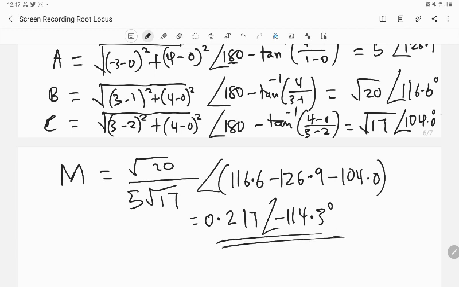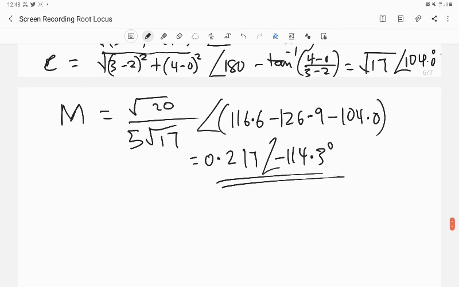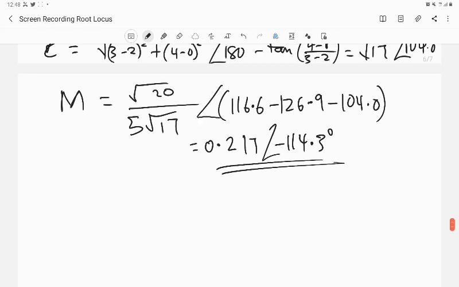So that would be how to evaluate the system, and you can check this by substituting and solving for the value and finding the angle and the magnitude using the complex number approach.